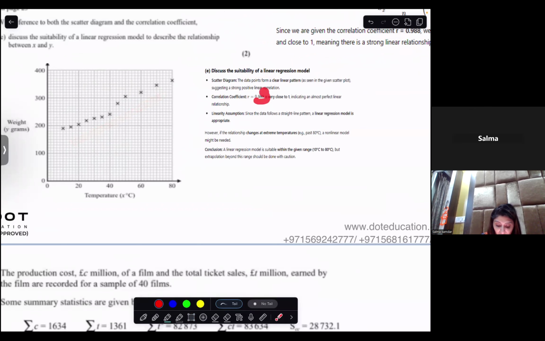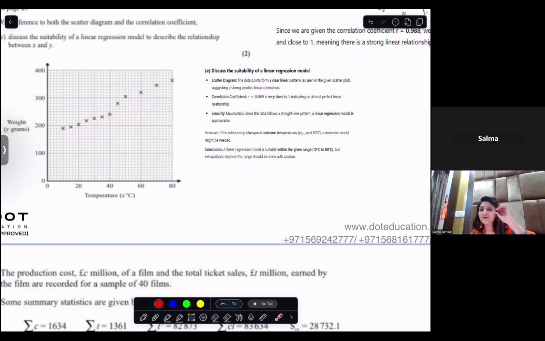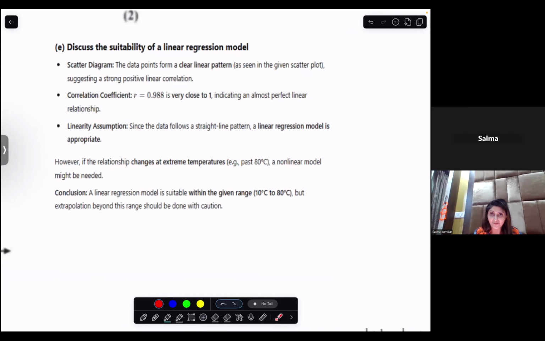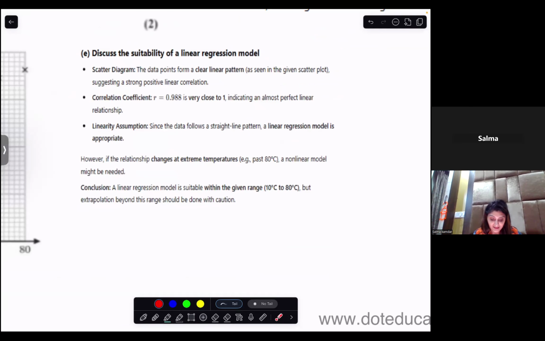My correlation coefficient r is 0.988, which is very close to 1. Since it is very close to 1, it is indicating an almost perfect positive linear relationship. If it were 1, it would be perfect positive, but this is a strong positive linear relationship, or I would say almost perfect linear relationship.